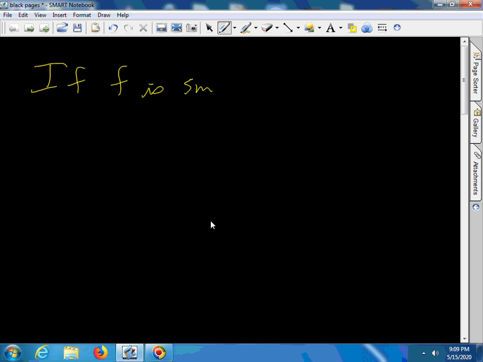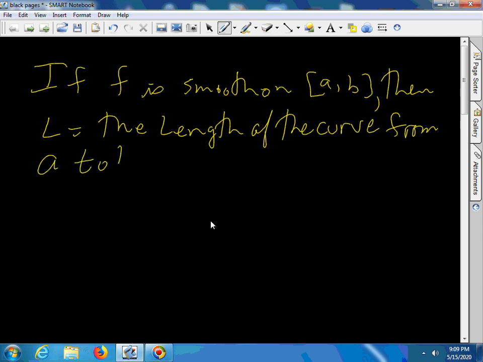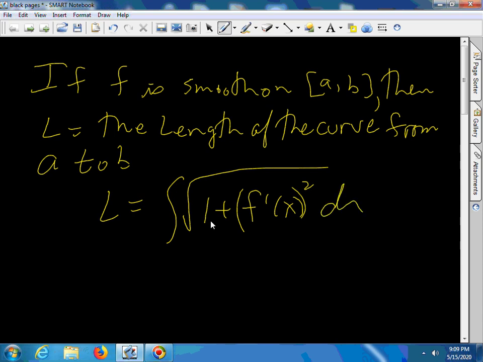If f is smooth on the closed interval AB, then L, the length of the curve from A to B, is simply this formula: L is equal to the integral of the square root of 1 plus the derivative of x, quantity squared, dx. dx is not under the square root sign.